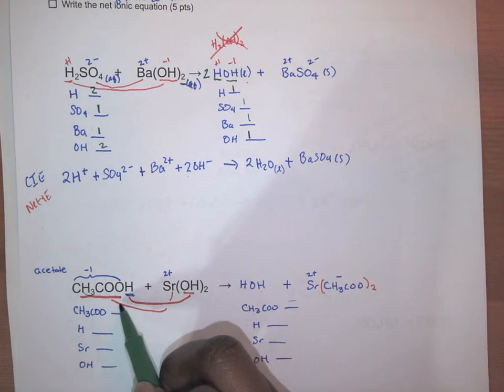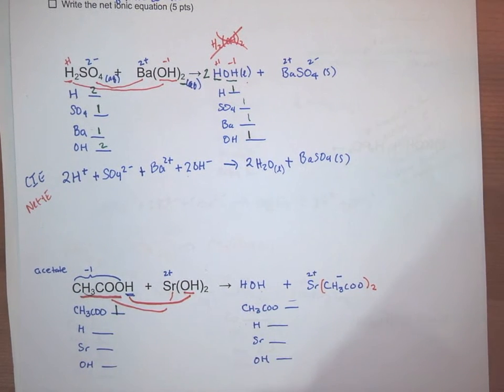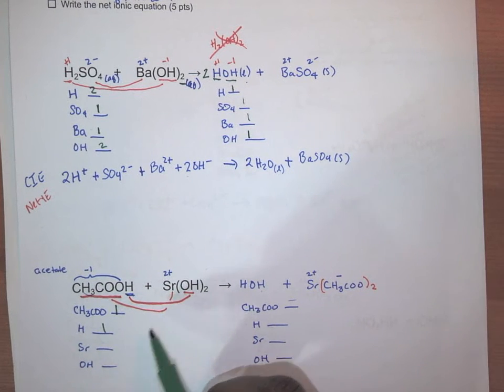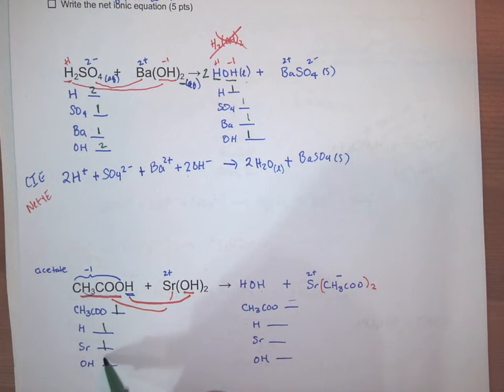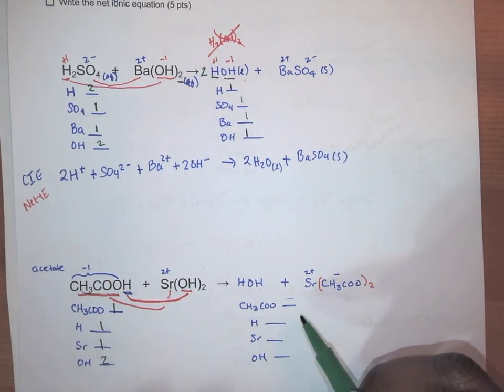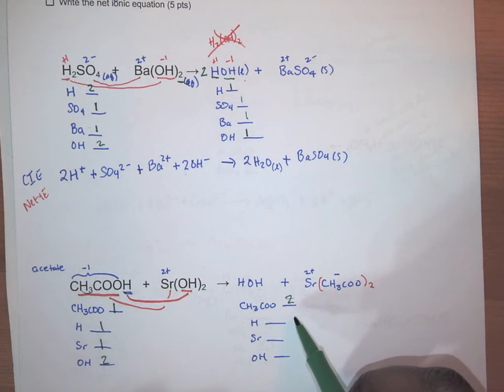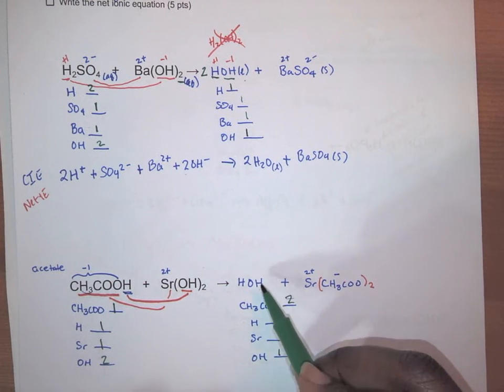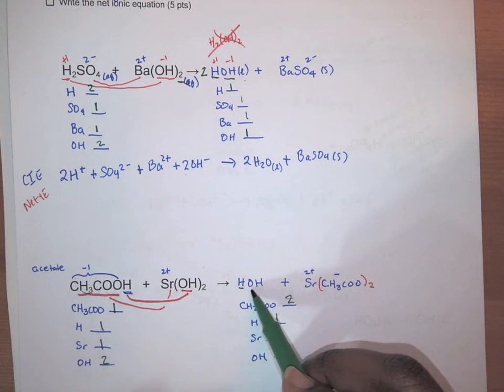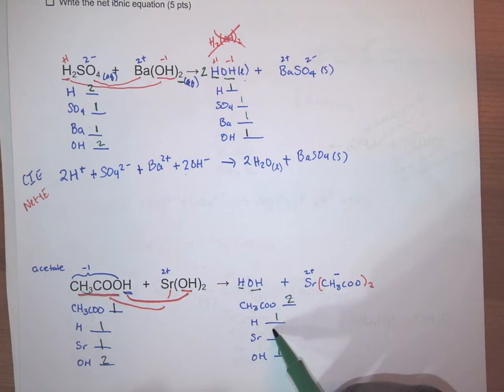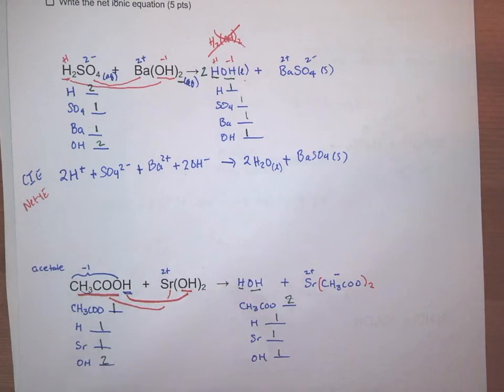All right, now we're going to balance this. So on this side, we have 1 acetate, 1 hydrogen, 1 strontium, and 2 hydroxides. Here we have 2 acetates because of that subscript outside, 1 hydrogen, 1 hydroxide. Remember, water has an H and an OH part. And then 1 strontium. I look at this and I say, oh, my acetates aren't balanced.